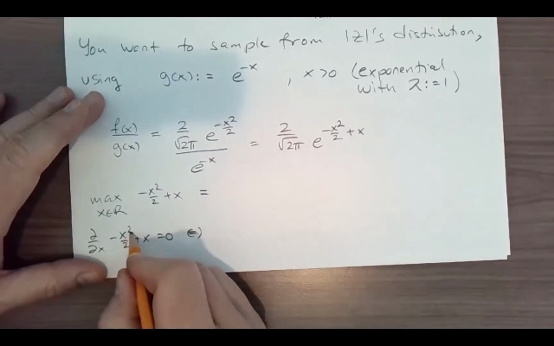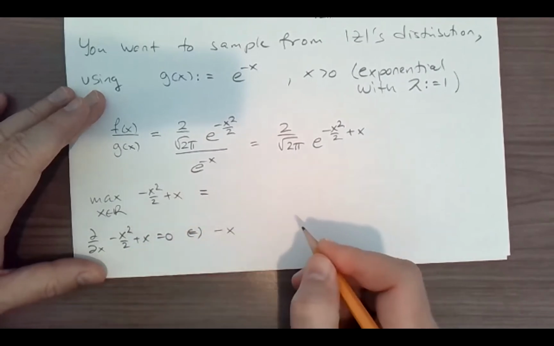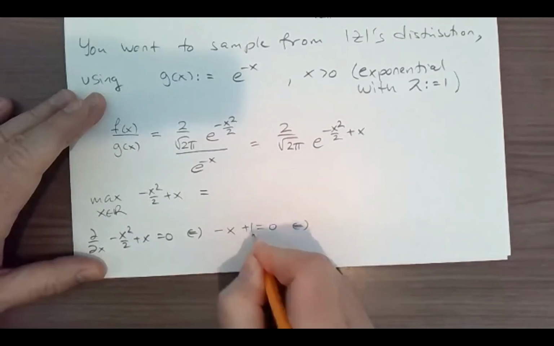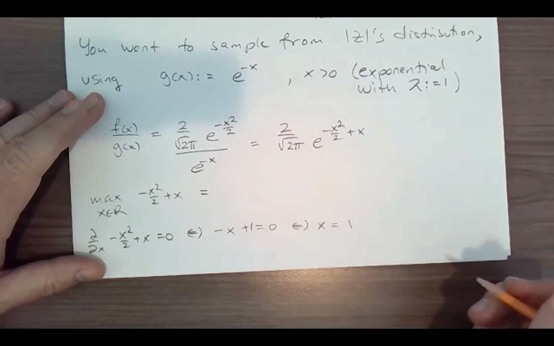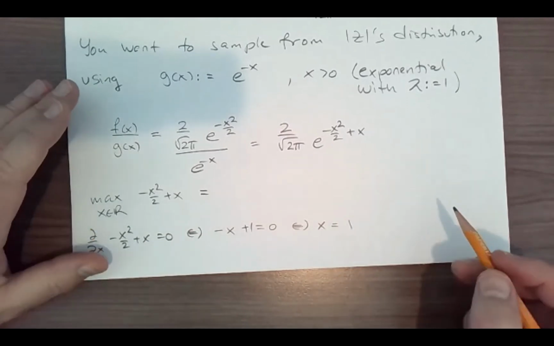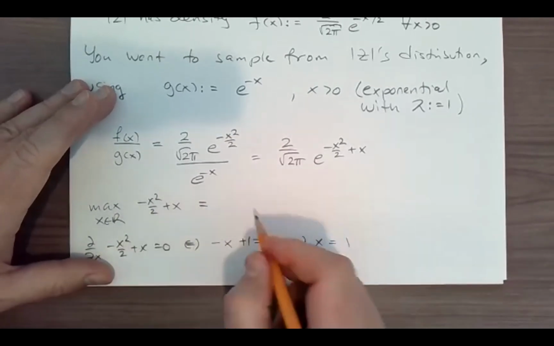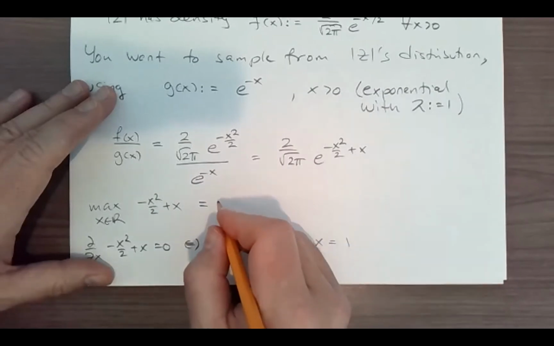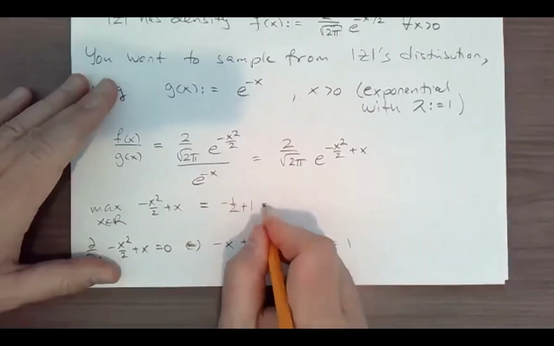So this is going to be minus x plus 1 equal to 0. This is going to give me that x is 1. So then this maximum here is going to give me minus a half plus 1, which is equal to a half.